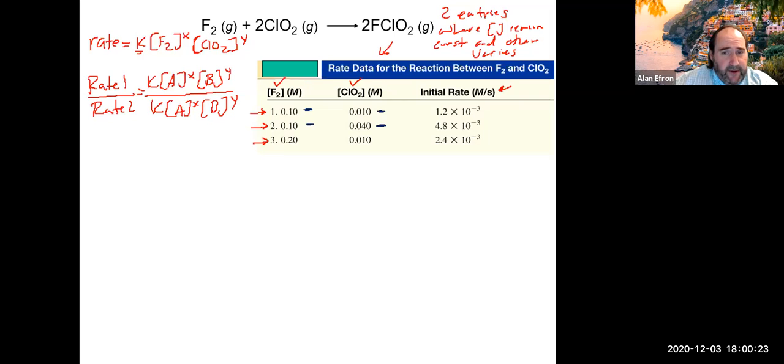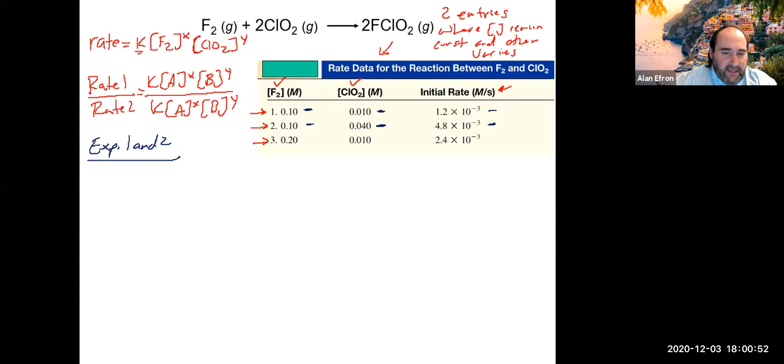We'll take experiments 1 and 2. The other thing that's sometimes helpful when you're doing this is to look at the rates and put the larger rate up on top. The purpose of that is it usually will give you nicer numbers, more whole numbers. You don't necessarily have to, but it gives you better whole numbers.